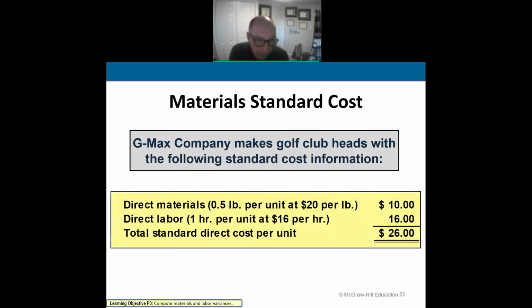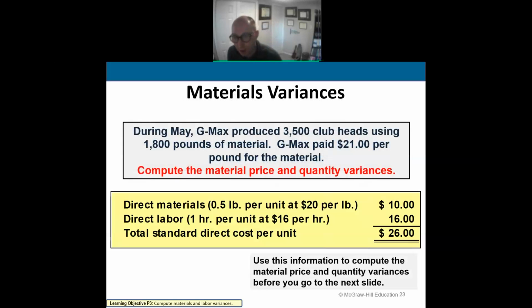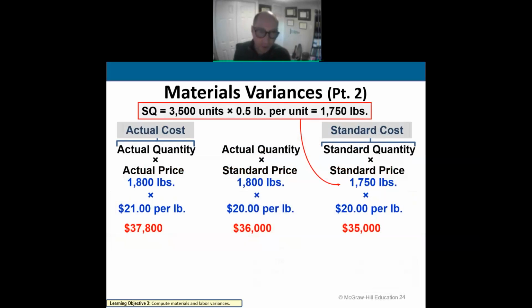So in our example, we have direct materials and direct labor, giving me a total standard cost per unit. Now, of course, I could find the variances. Using the example, actual quantity times actual price gives me my actual cost. Standard quantity times standard price gives me my standard cost.